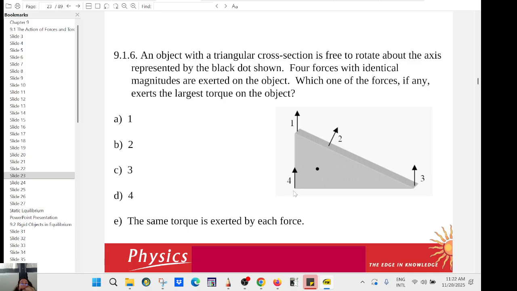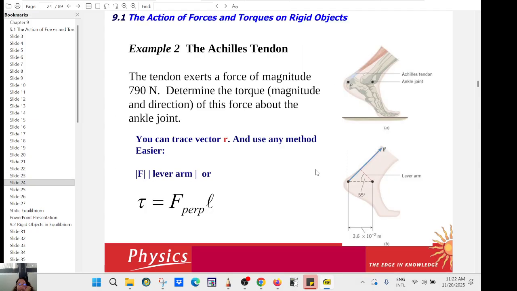Yes, so here we're just talking about rotation. There are a lot of applications in biomechanics. So this is the muscles, and this is your axis of rotation.